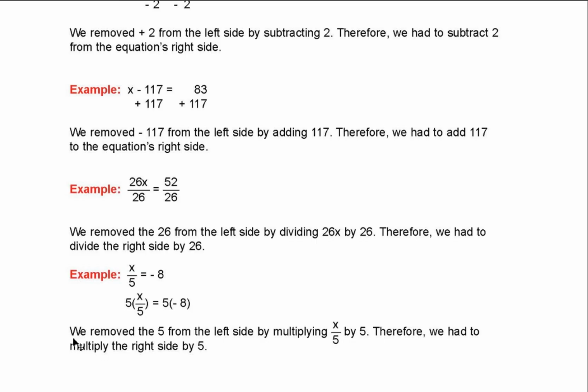And I will elaborate. We removed the 5 from the left side by multiplying x over 5 by 5. Therefore, we had to multiply the right side by 5.